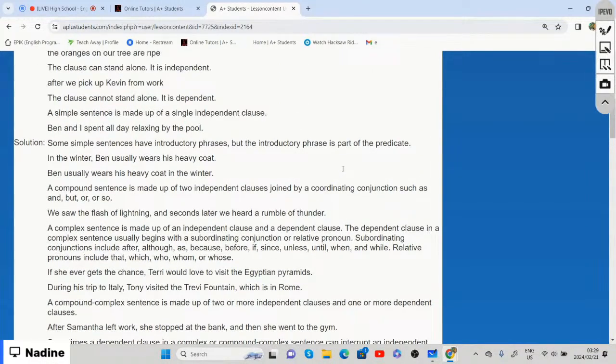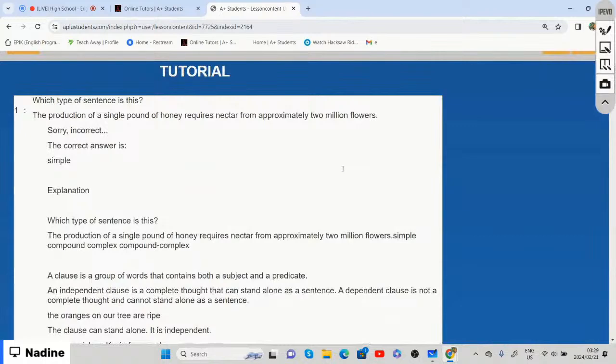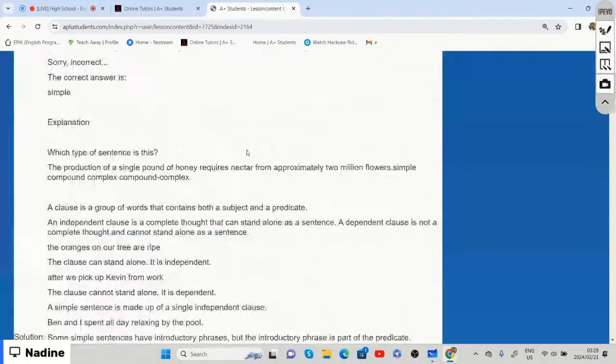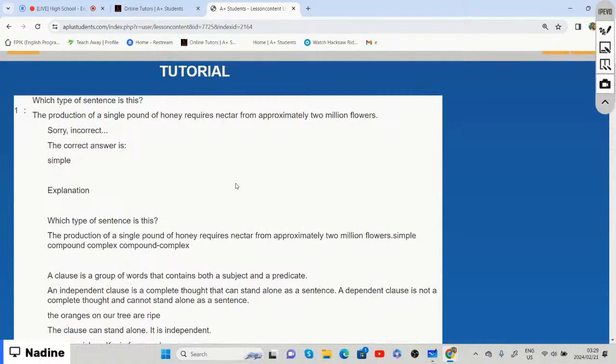All right, so now we're going to look at our sentences. Then we're going to say which type of sentence it is: a simple sentence, compound sentence, complex sentence, or compound complex sentence. The production of a single pound of honey requires nectar from approximately 2 million flowers.